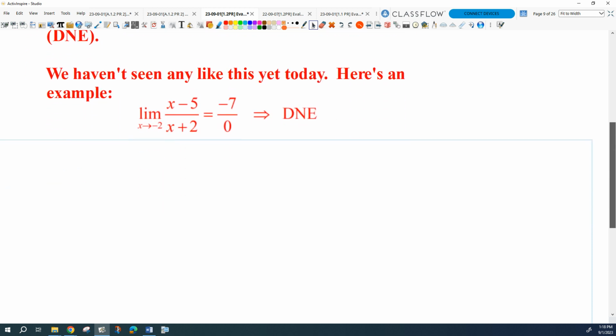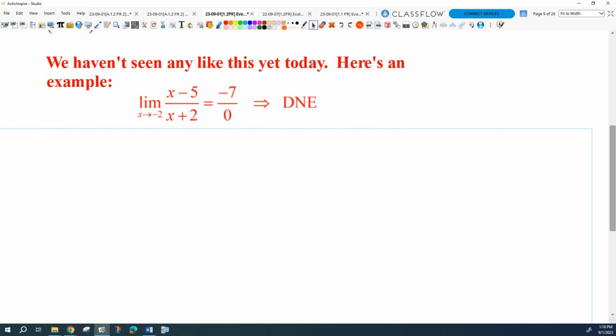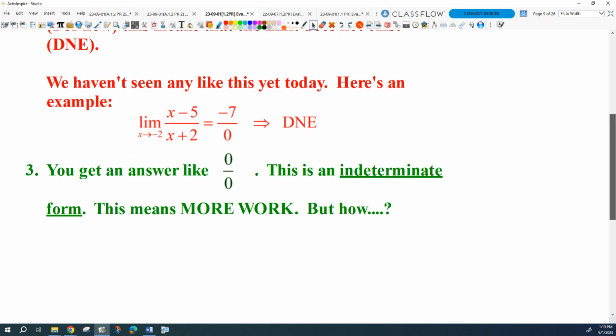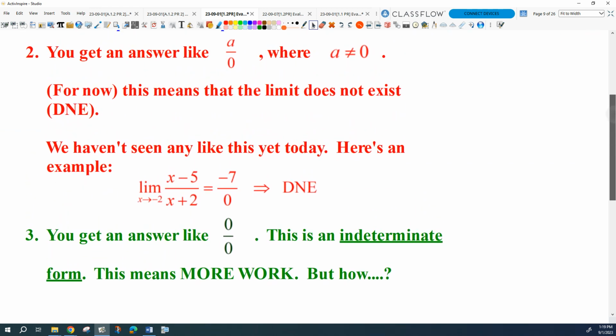Here's the third type. This is what we get if direct substitution doesn't work and the function doesn't have a number on the top and 0 on the bottom. We can get an answer like 0 over 0. That's different, right? The previous case was a non-zero number divided by 0.